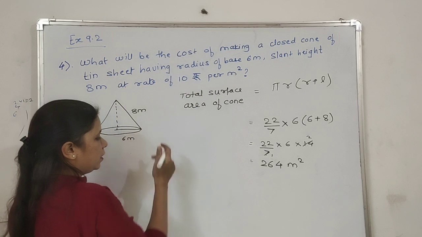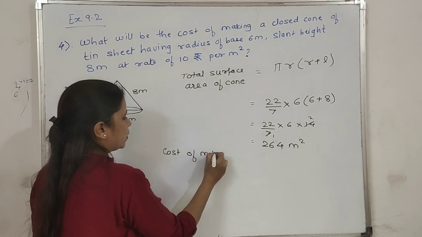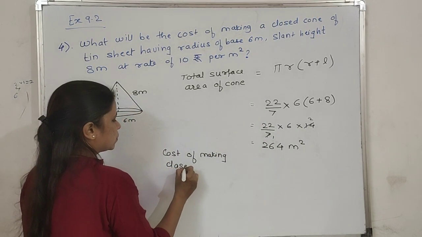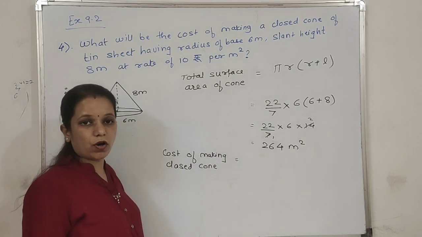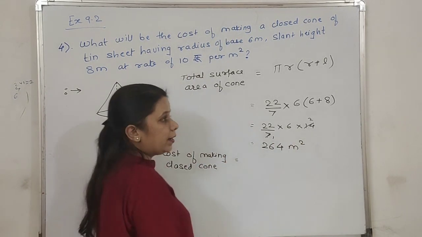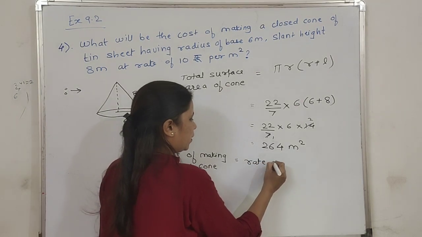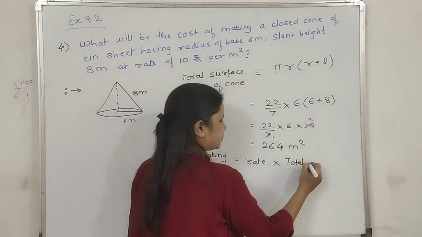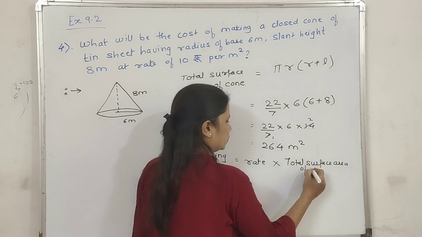Okay. Now we need to calculate cost. So cost of making a closed cone is equal to, what will be the formula? Rate into total area, that is rate multiplied by total surface area of cone.